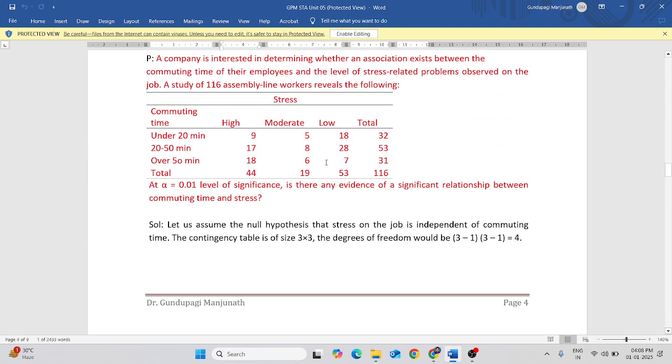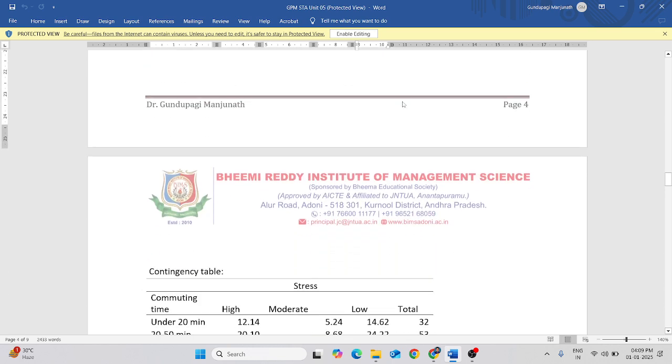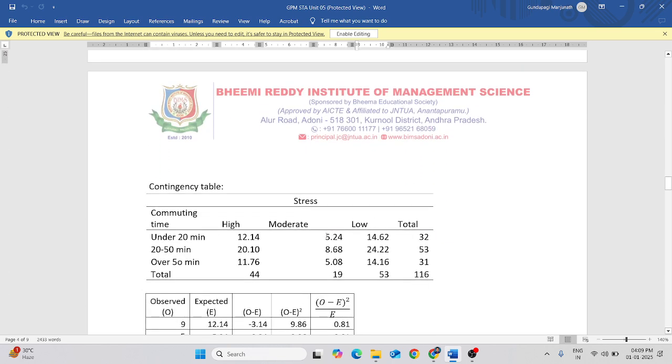In the same way, 32 into 53. Let me finish the first row first. Now 32 multiplied by 19 divided by 116, you will get 5.24 something, so I have taken 5.24.